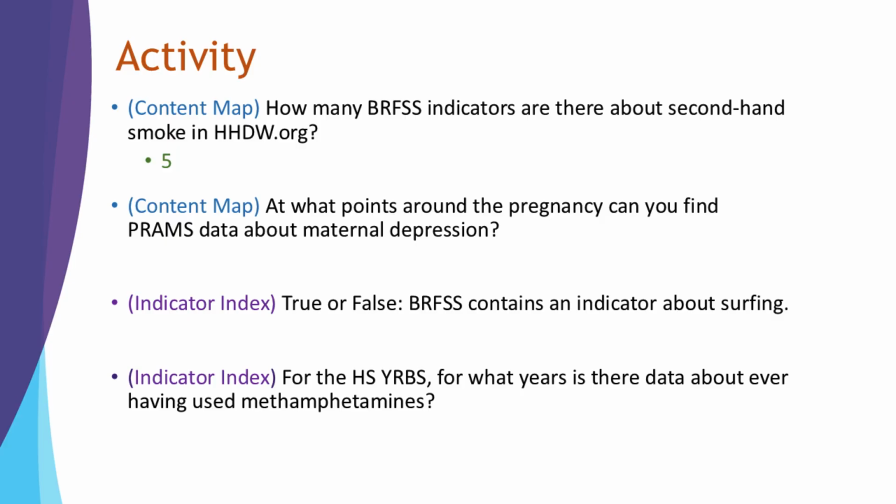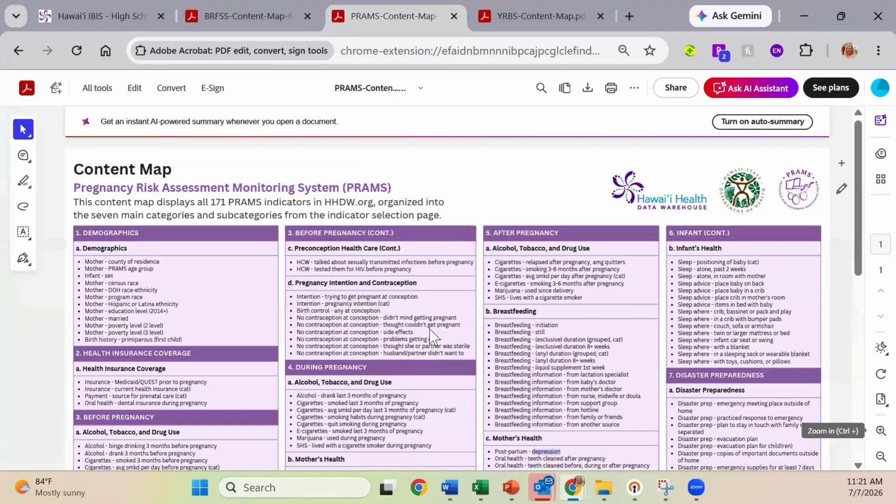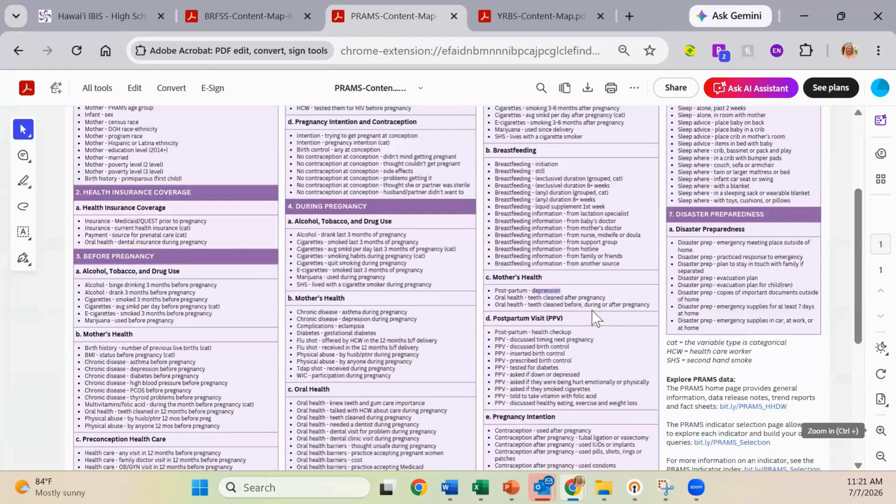Okay, the next question asks about the PRAMS content map, which I have here. It is asking, at what point around pregnancy can you find PRAMS data about maternal depression? In this case, we may want to just give a look. We know that the options are before, during, and after. If we look at before pregnancy, here we can see that there is an indicator about depression before pregnancy.